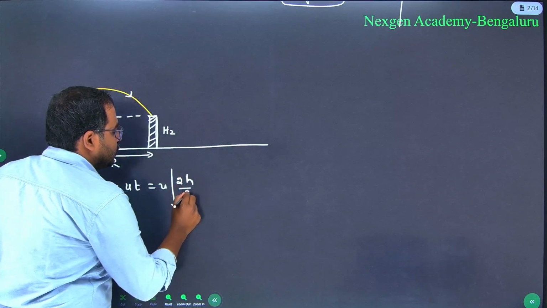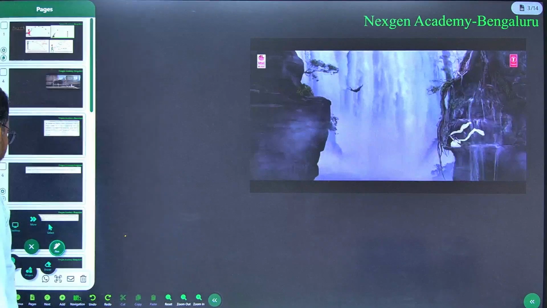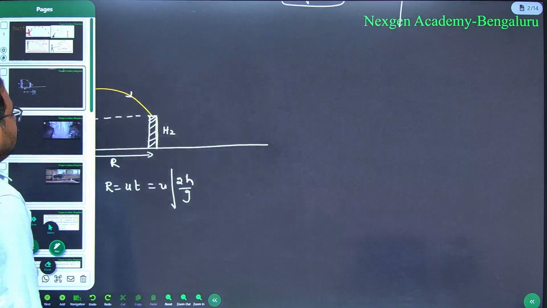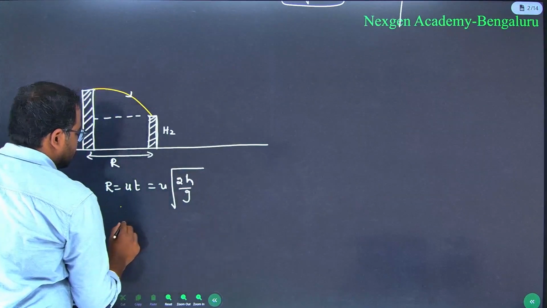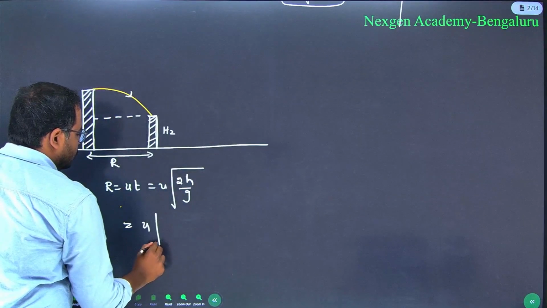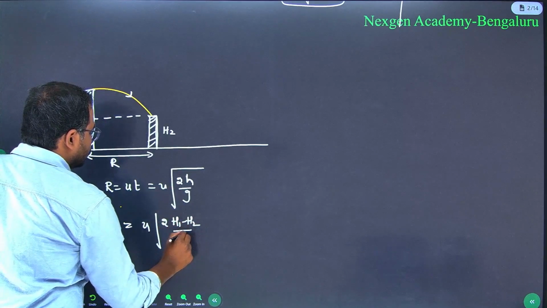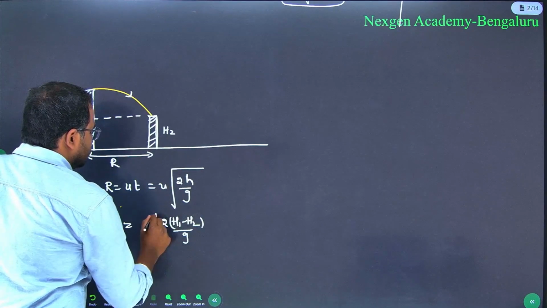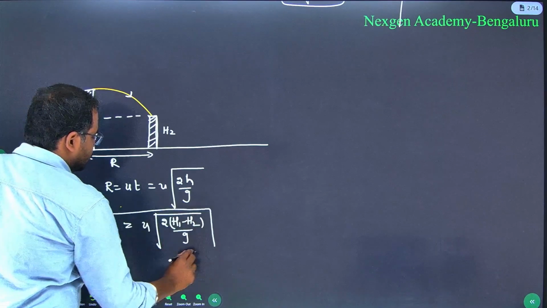So what is h here? Is it h1 or h2? It's not h1 or h2, it is the difference. This is equal to u into square root of 2 into (h1 minus h2) by g, in this way. So this is the horizontal range.